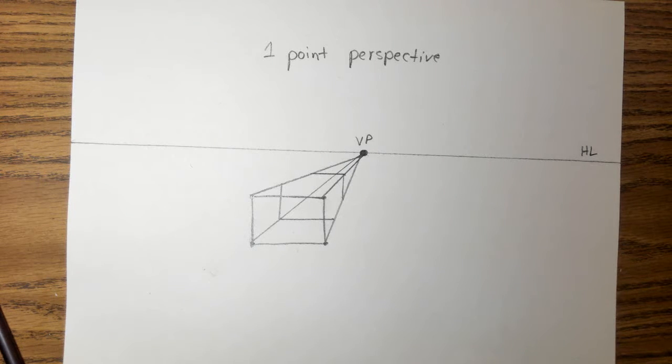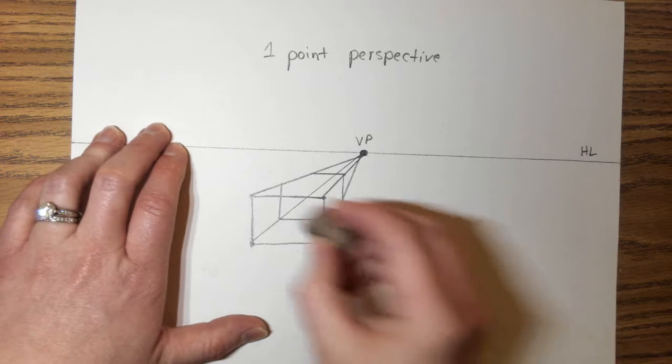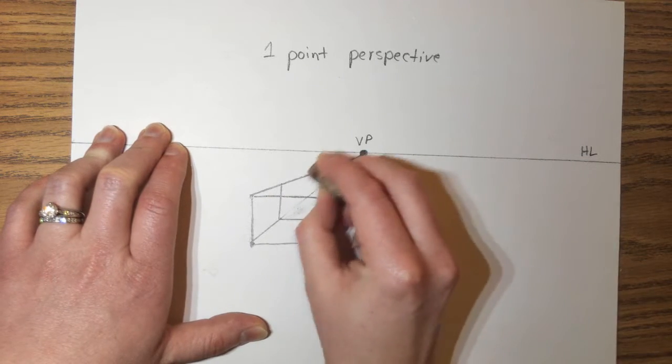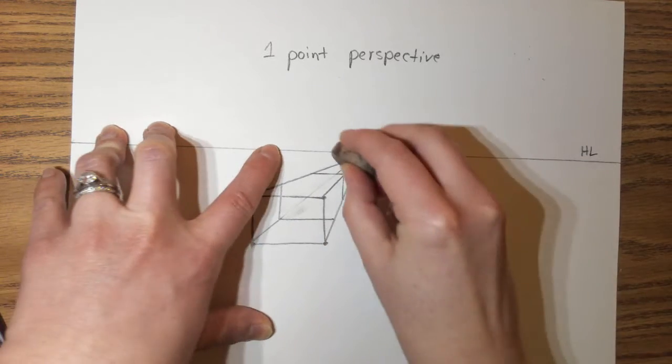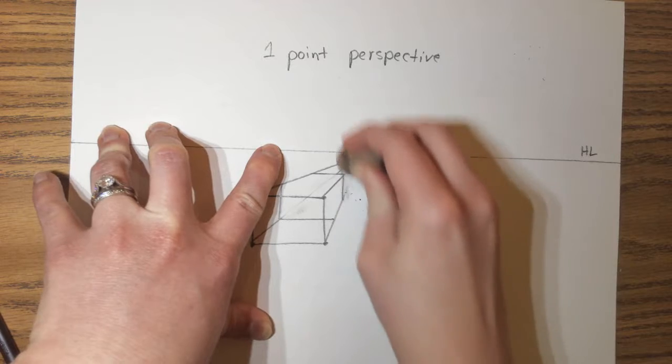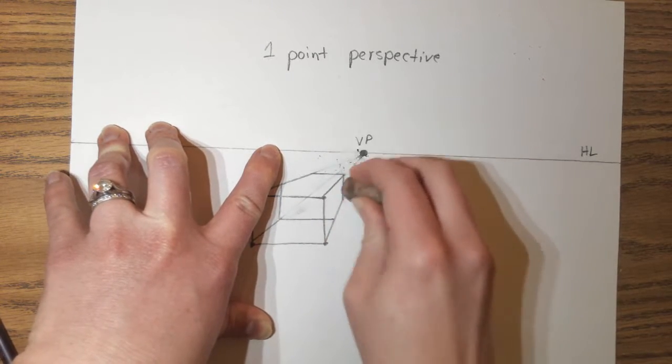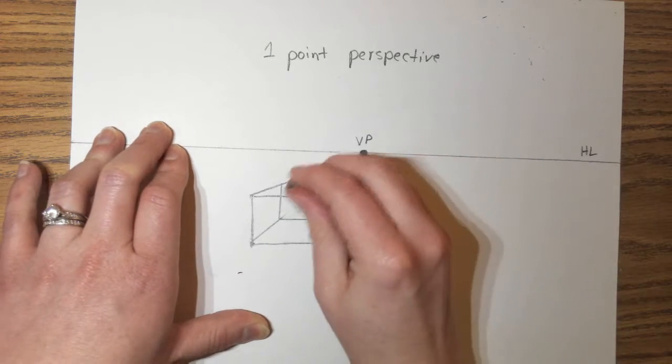So now what you can do is start erasing any lines you have to make it look a little cleaned up. It always helps not to press too hard with your pencil, just so you can erase those lines a little bit easier.